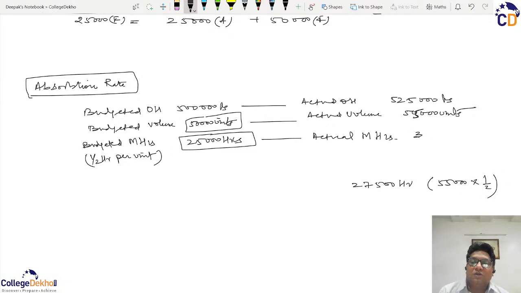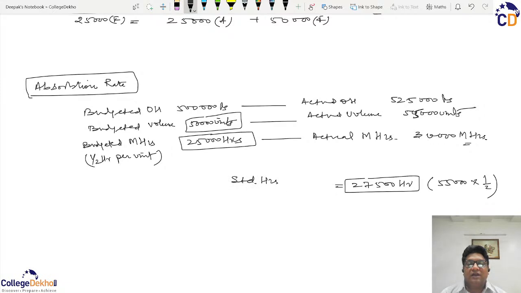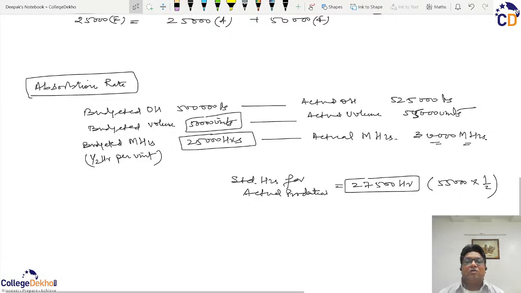If we presume that actually 30,000 machine hours were used, there is a new variable, what the hours ought to be. We use the word standard hours for actual production. That is, even though the production has increased, if it could have maintained the original level of efficiency, it should have been using only 27,500 hours. But because the actual hours were more, it denotes the lack of, or the fall in, the efficiency levels.